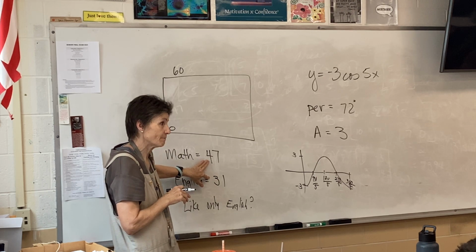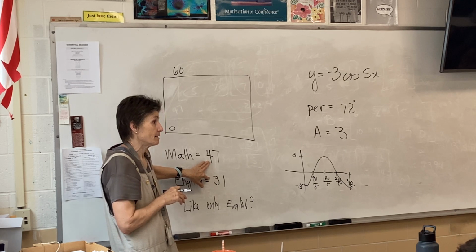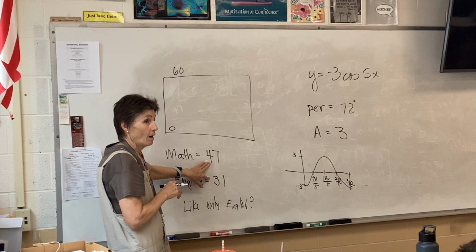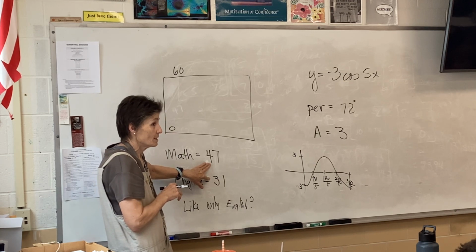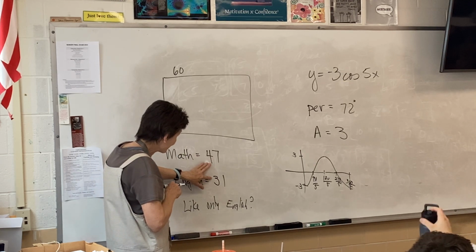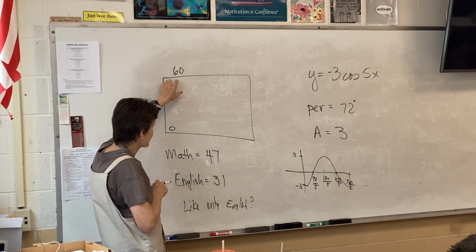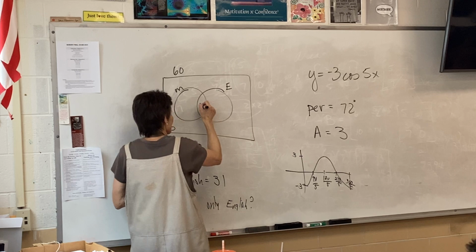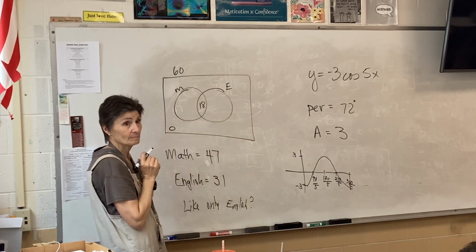So, what's the problem here? There's too many kids that voted. 78 kids voted. So some of them are like me and they love both. How many? Well, if 78 votes came out of 60 people, that's 18, so there must be 18 there in the middle.